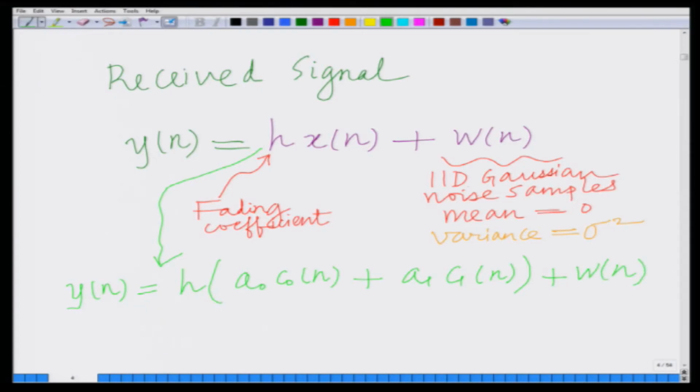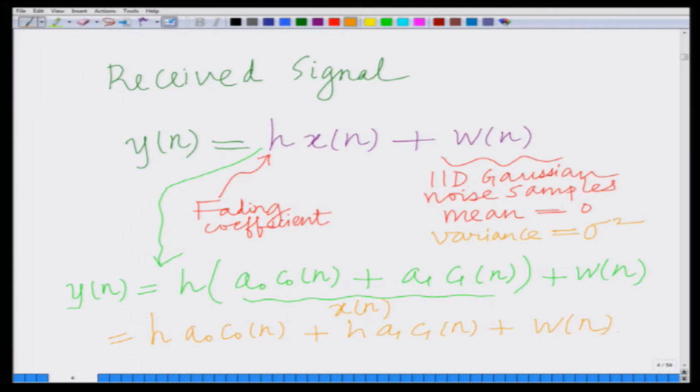This is basically my x n, which I am substituting here, and now I have the expression for y of n, which I can further write as h A0 C0 n plus h A1 C1 n plus w of n.